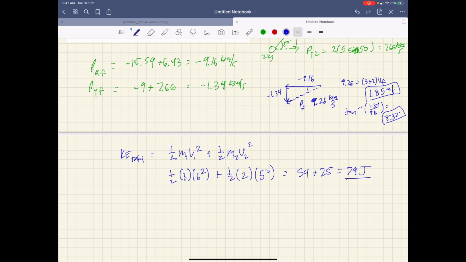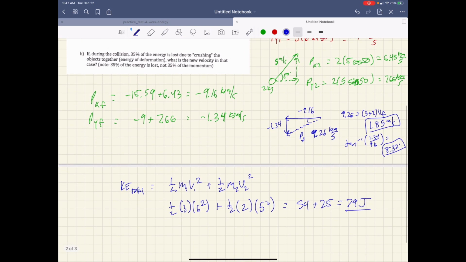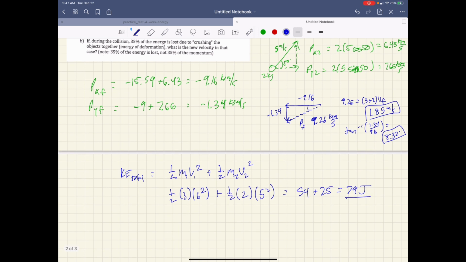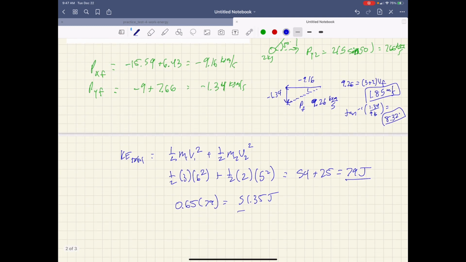After the collision, it says that 35% of that energy is lost. So if we lose 35%, we keep 65%. So 0.65 times 79, 51.35. Okay, so this is how much kinetic energy we have left over after the collision.